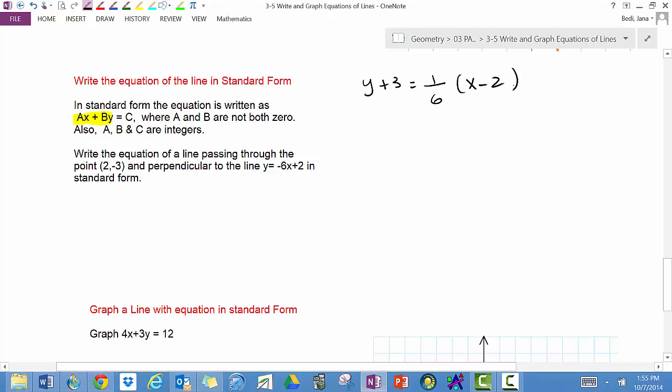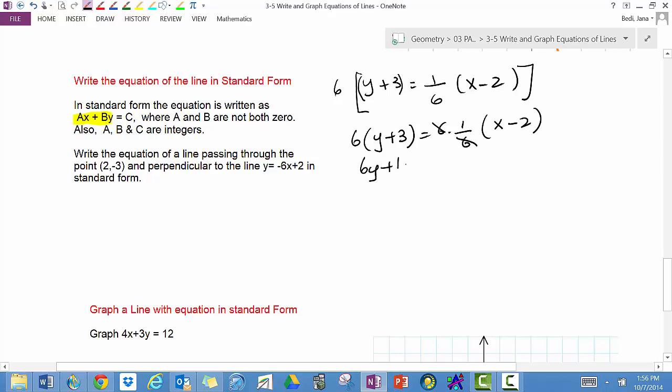Now I want to write in standard form and everything must be an integer, so what I'm going to do is multiply both sides by 6. So I get 6(y + 3) = 6 times 1/6 times (x - 2). So the 6 and the 6 cancel, which is exactly why I multiplied by 6. Distribute the 6 here, you get 6y + 18 = x - 2.